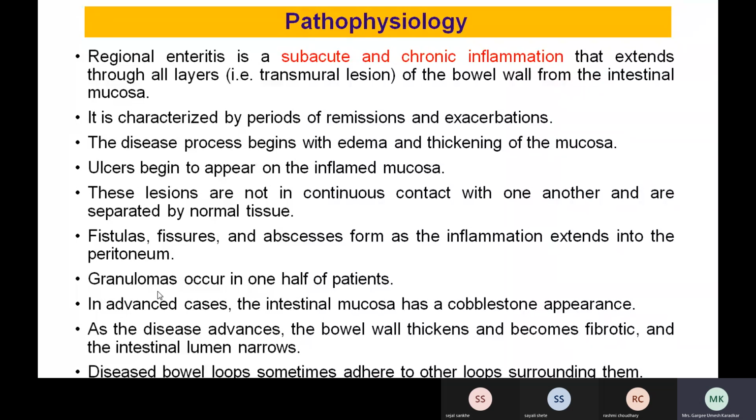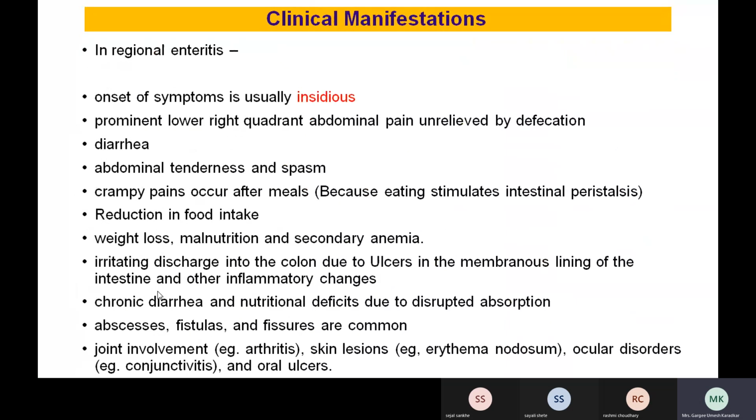Then there may be granuloma formation, which, if it goes on continuing in advanced cases, will give the intestine a cobblestone appearance. As the disease advances, the bowel wall will thicken because of the granulomas and inflammatory changes, so it becomes fibrotic, and then slowly the intestinal lumen will narrow. That is what basically happens in inflammatory bowel disease, in regional enteritis.